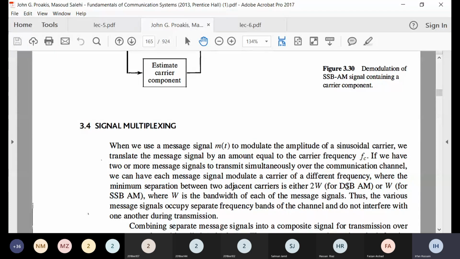If we are using double sideband, then adjacent carriers must be at least 2W apart, because in double sideband each bandwidth is 2W.